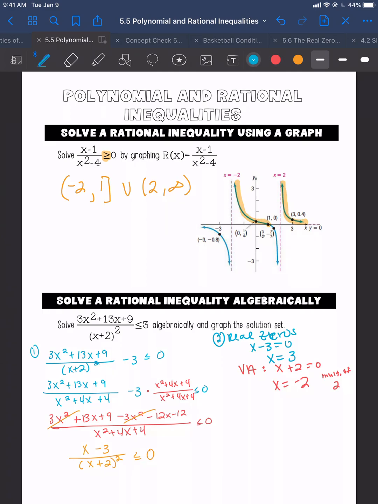We will now make our intervals. So that would be from -infinity to -2, -2 to 3, and then 3 to infinity. Test something in the interval.